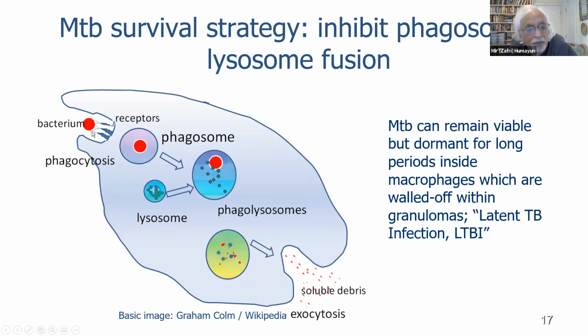Now, the purpose of taking up bacteria into phagosomes is to eventually target them for killing. A major mechanism for targeting them for killing is to fuse the phagosome with another intracellular organelle called a lysosome. Lysosomes are basically internal organelles that are full of degradative enzymes, enzymes that can destroy bacteria.